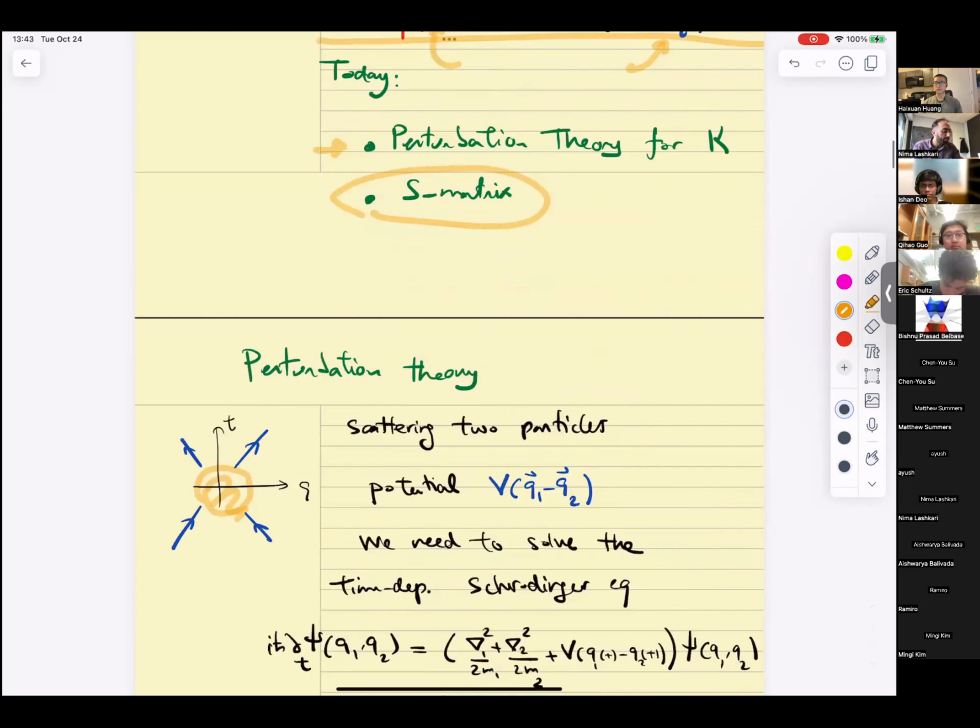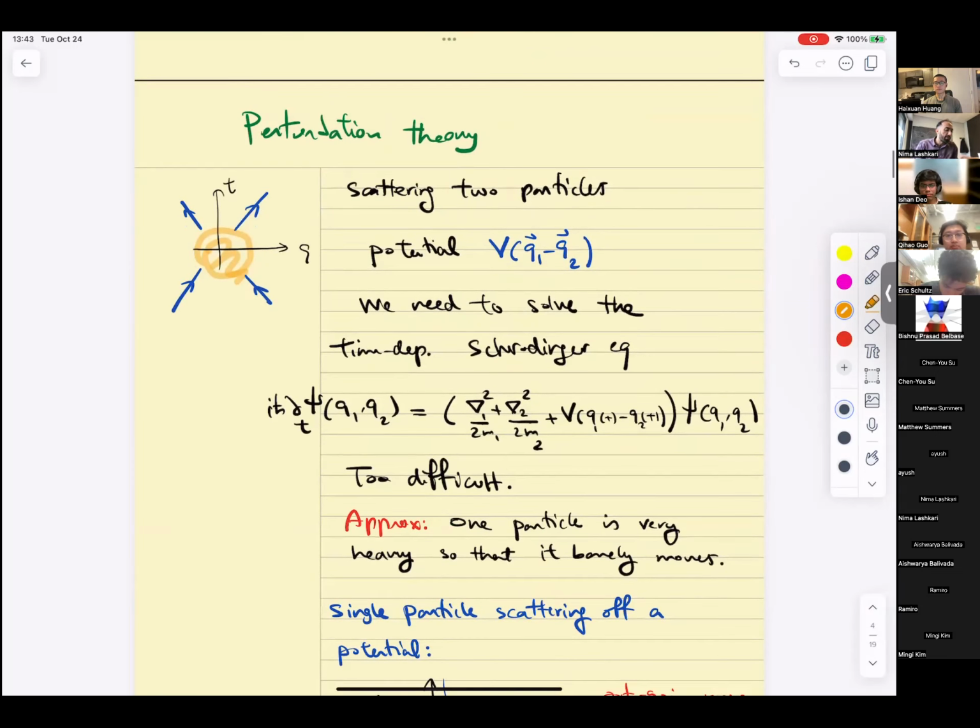All right. So perturbation theory. Let's recall what perturbation theory we're interested in, that we're going to discuss. Let me start with the case of a simple problem, which is scattering of two particles. This is the kind of problem that we might be interested in quantum field theory or quantum mechanics.